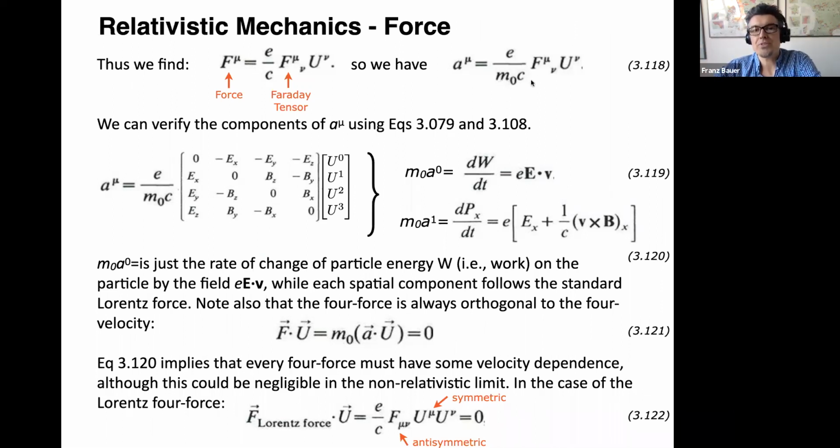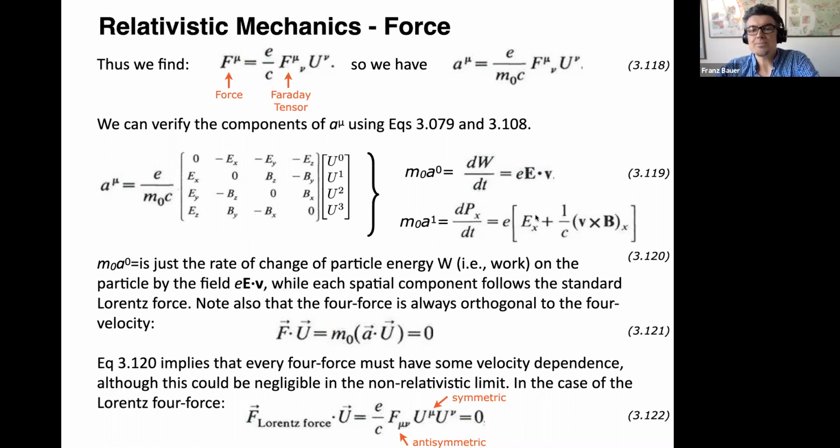And just to demonstrate this, we can verify it. So this is breaking down what this is. This is the Faraday tensor, and these are our individual velocity components. If we take the 0th component here, we have this times this, and we end up having the E field dotted with the velocity components. Likewise, we can do the first component, and this ends up giving us the time derivative of the momentum in the x direction.